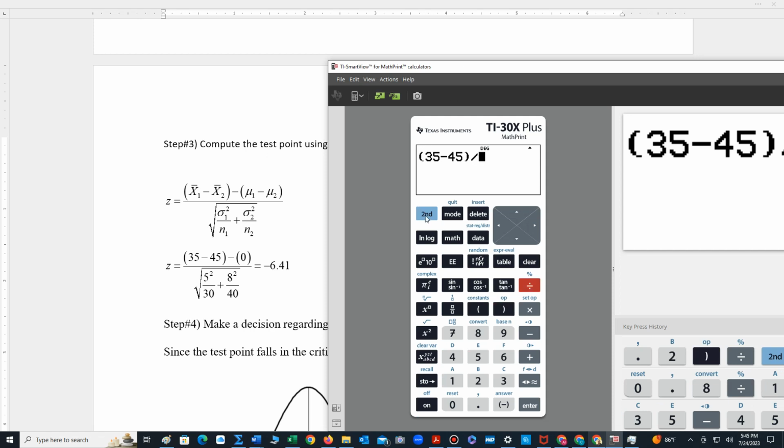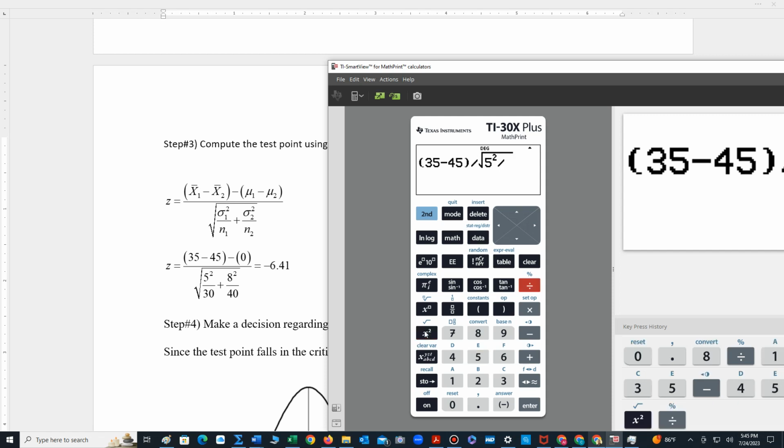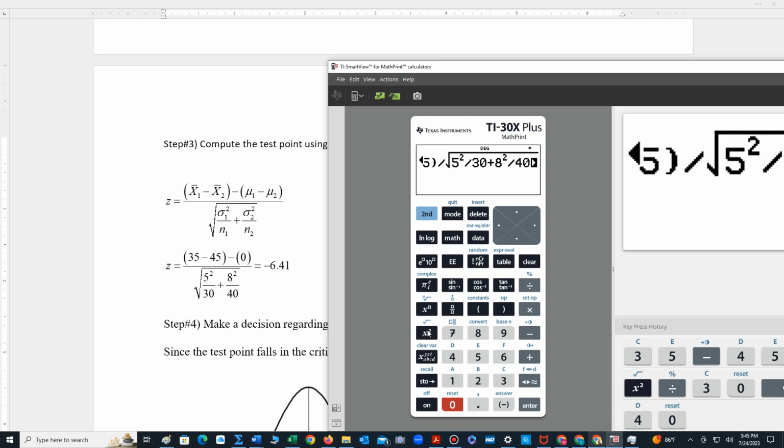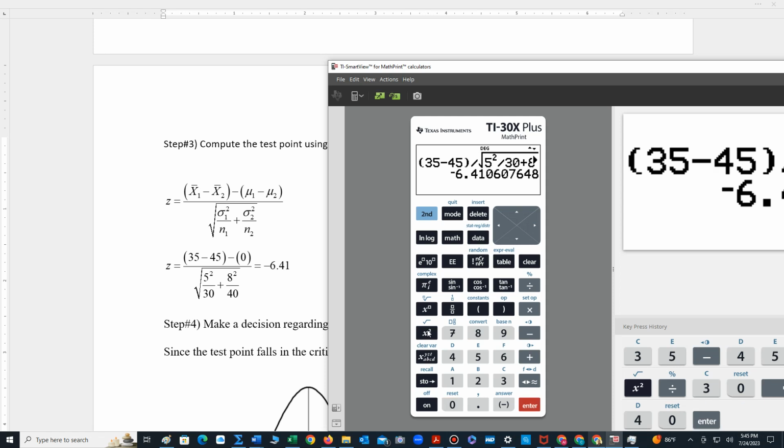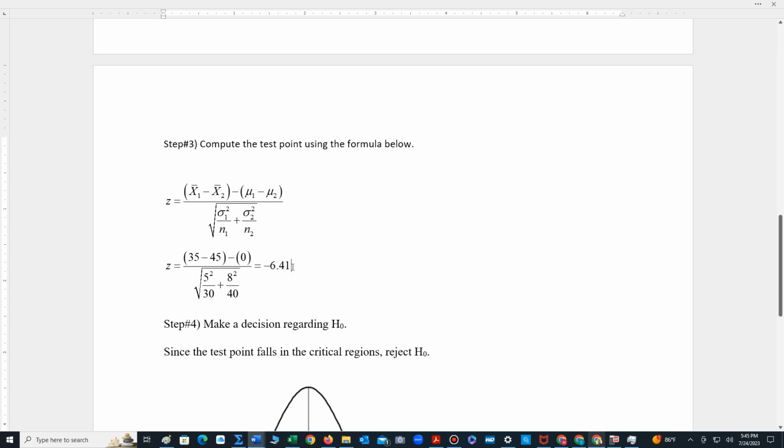Then divided by the square root, we have 5 squared divided by 30 plus 8 squared divided by 40. Hit enter and we get the z-value, negative 6.41.